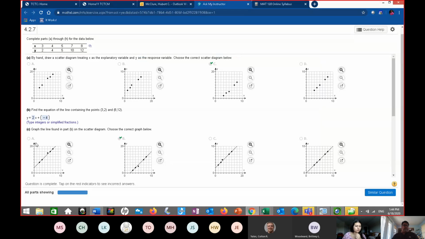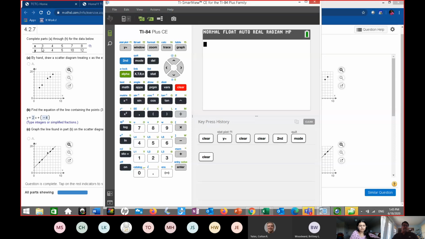And then it says graph the part found in B on the scatter plot. So the easiest way to do that is on the calculator. Now we're going to do this on the calculator because it's real simple.